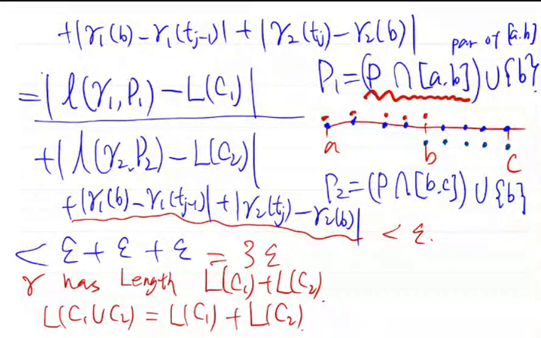Now we go to the problem of computing the length of a curve, a rectifiable path. So this lemma: gamma is a C1 map.